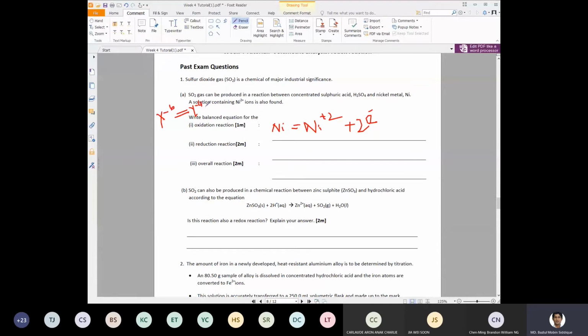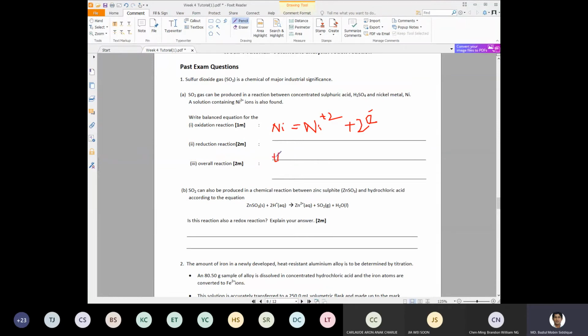Sometimes I saw students become confused. So oxidation means the oxidation state will increase from lower to higher. So that is oxidation happening, and the reduction reaction involves sulfuric acid and hydrogen.